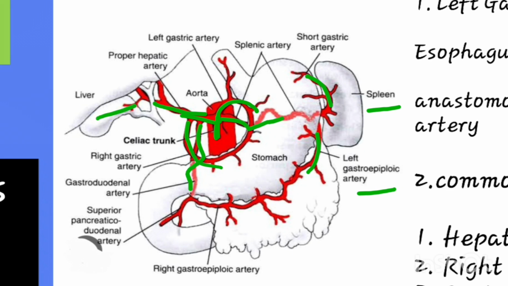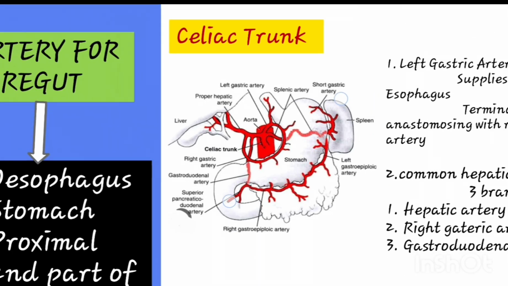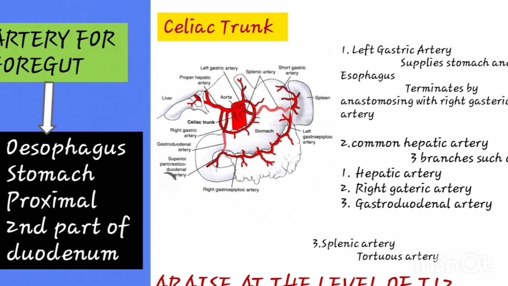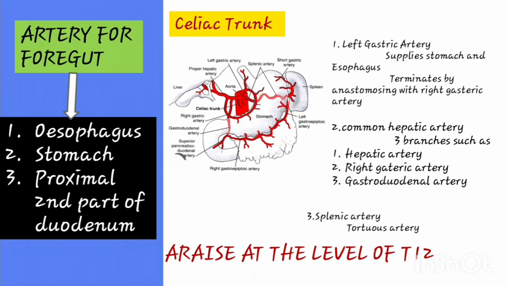The gastroduodenal artery supplies the duodenum, whereas the right gastric artery supplies the stomach. So these are all about the celiac trunk. In the abdominal aorta, this celiac trunk arises at the level of T12.